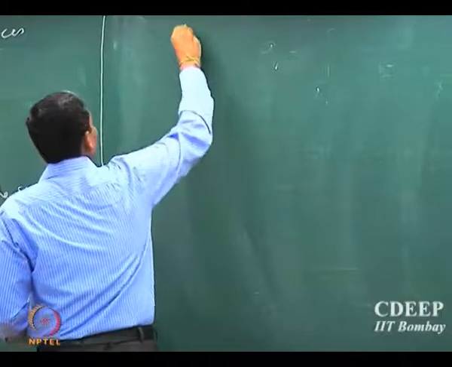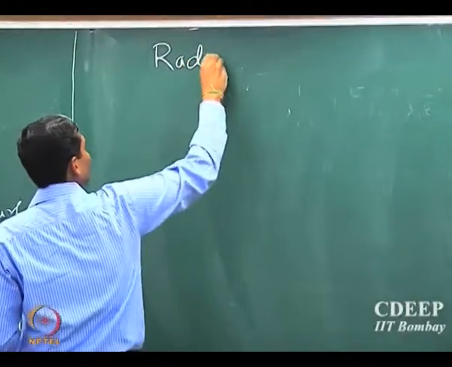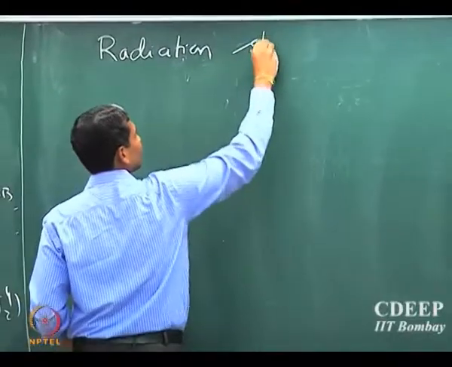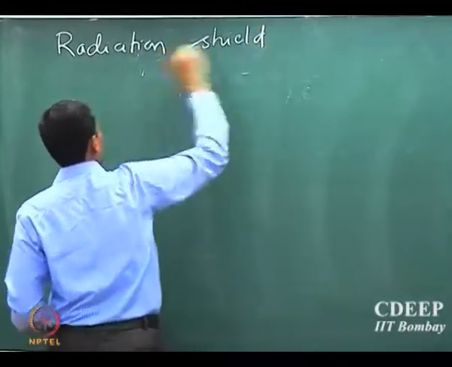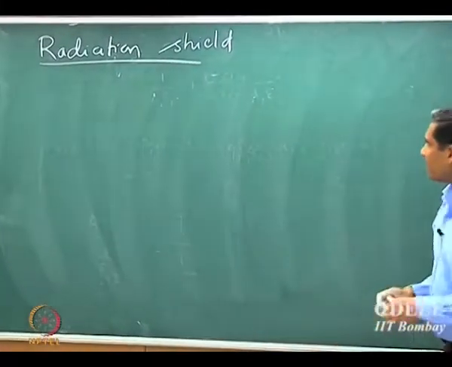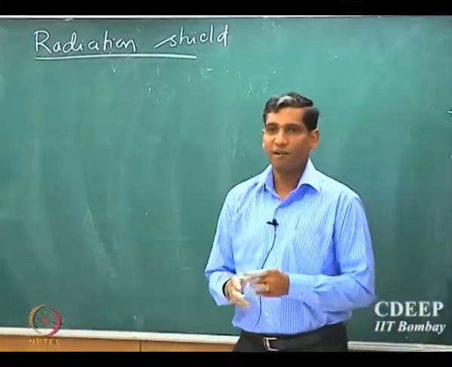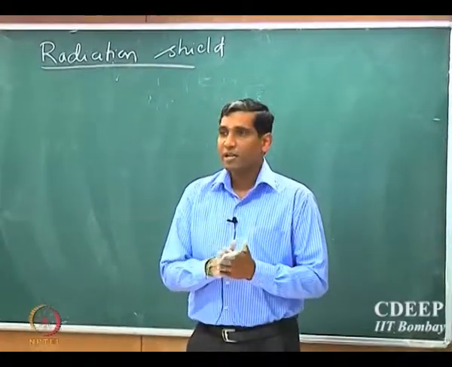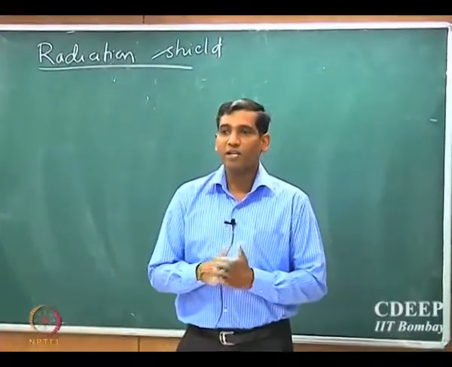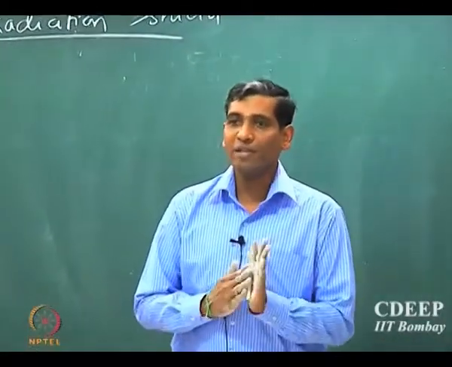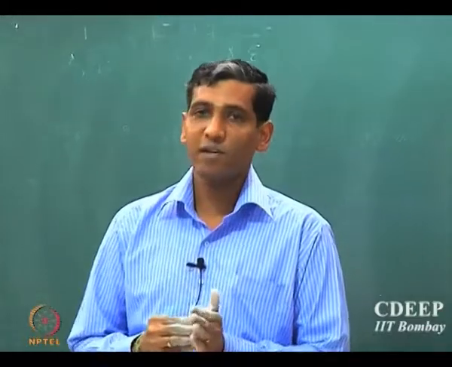So we are going to look at a little bit more extension of this: radiation shield. This is a very important aspect of quantification of any radiation system. For example, if you have a nuclear reactor, you do not want any of the radiation to leak out of the system, right?